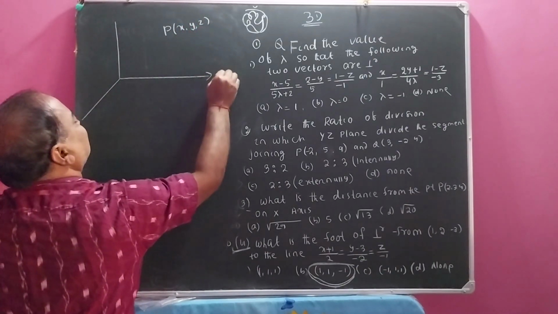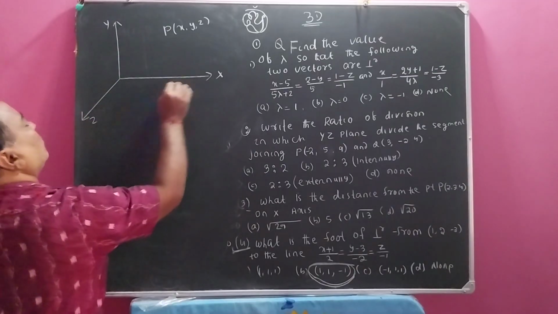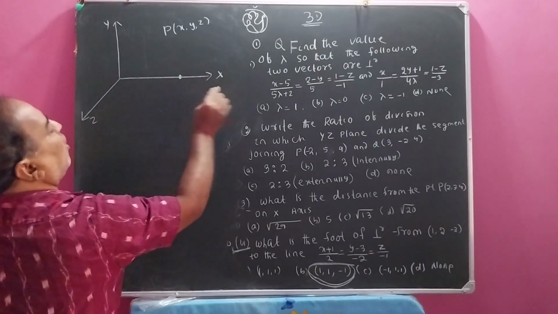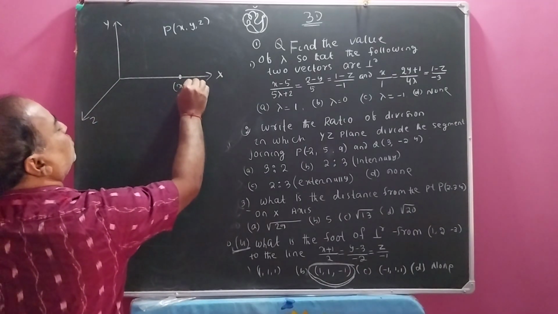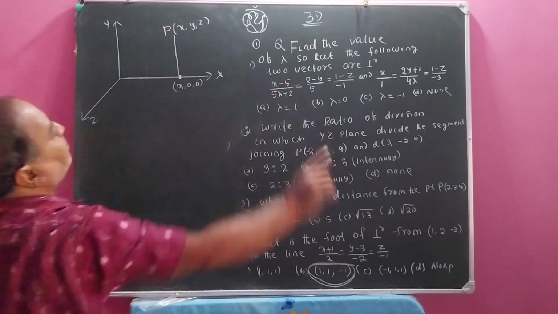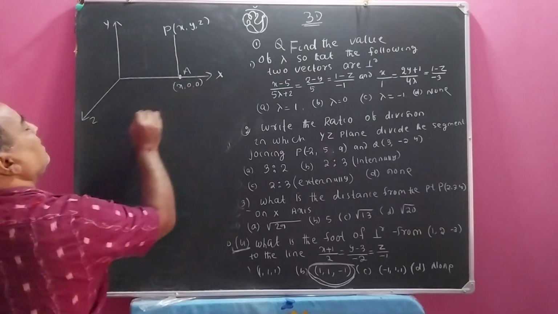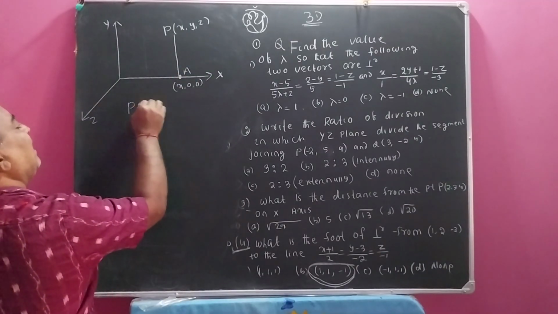It is the x-axis, it is the y-axis, it is the z-axis. The coordinate of any point on the x-axis is (x, 0, 0). So the distance from any point P to the x-axis, that is PA.